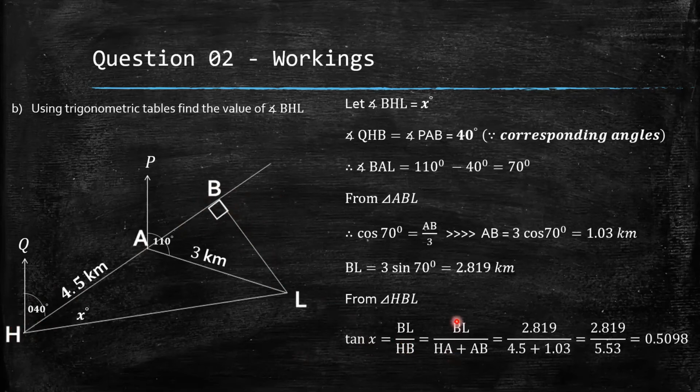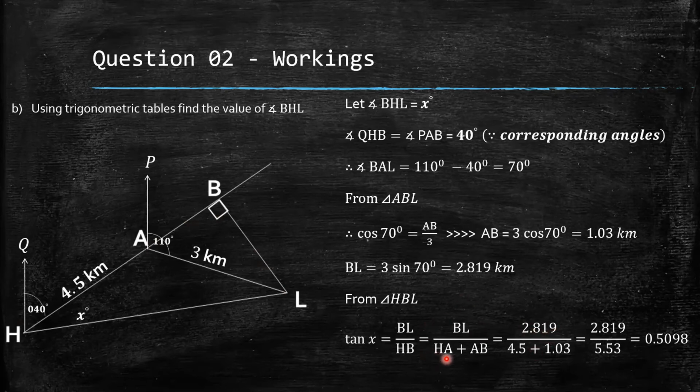Now, HB will be equal to HA plus AB. Once you split it, it will be HA plus AB. And now BL, we have found it earlier from this small triangle, sine 70. We found BL, which is 2.819.